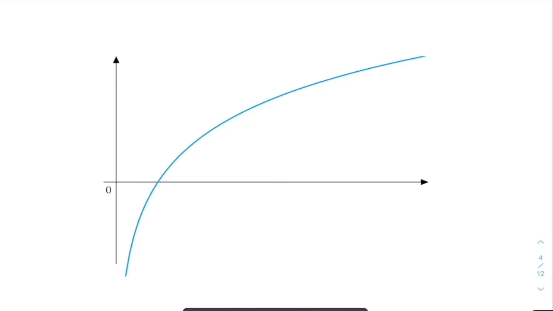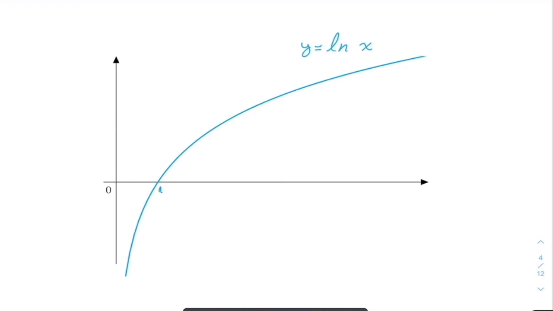Let's look at the graph of the function. So this will be the graph y equals the natural logarithm of x. And for simplicity, we will almost always use the natural logarithm. We will see why in a few slides. So the most important thing to notice here is that the function is defined for all the positive numbers.